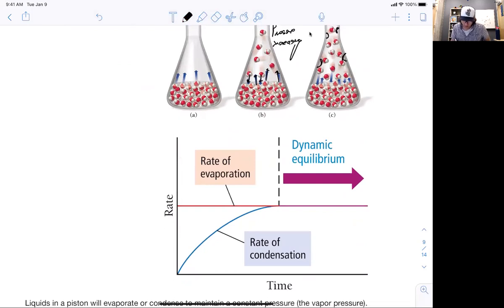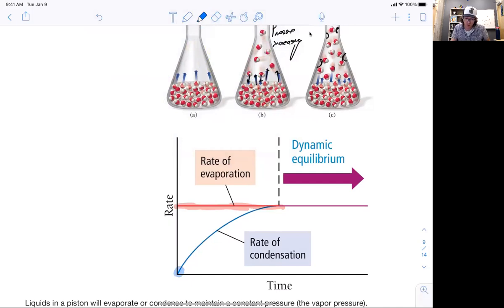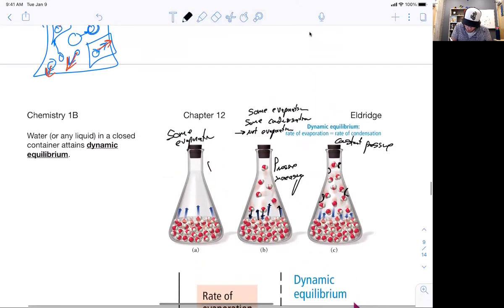And so, look, they're showing at the very beginning, there was a certain rate of evaporation, and it was pretty constant. It just kept evaporating. And at first, condensation, there was none. There weren't any water molecules in the gas phase, right? There are no water molecules here to condense.